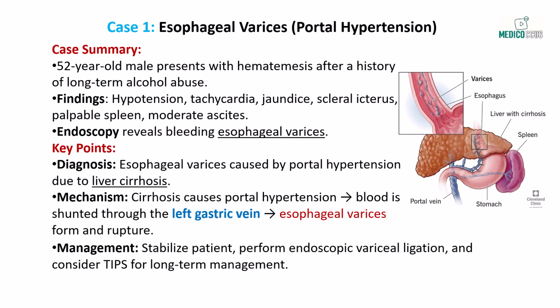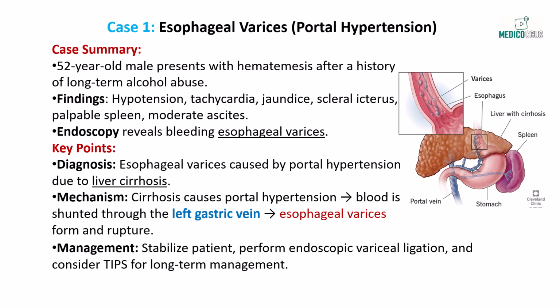In cirrhosis, the liver undergoes progressive fibrosis, which leads to distortion of the hepatic architecture. This fibrosis creates increased resistance to blood flow through the liver's sinusoidal system, causing portal hypertension. As the pressure in the portal system builds, blood is forced to find alternate pathways, or portosystemic anastomoses, to bypass the liver.